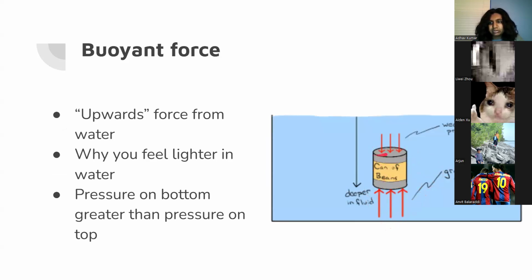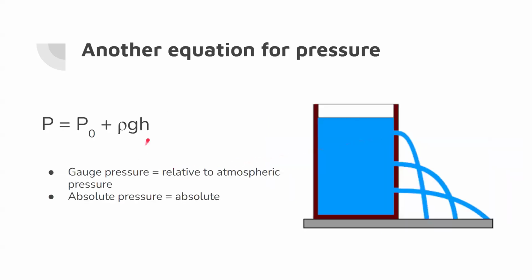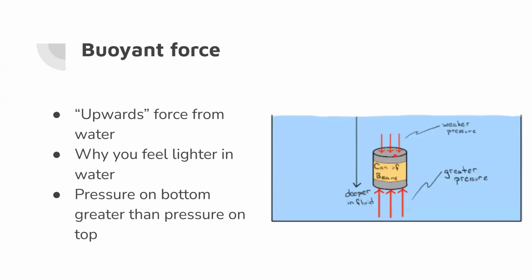Is the pressure at this point going to be...? Oh, I guess it already tells you in the picture. But think about it: pressure is proportional to the height above the point, the amount of water above it. So at this point in the can of beans, we have only this much water pressing down. But at this point, we have a lot more pressure pushing down on it.